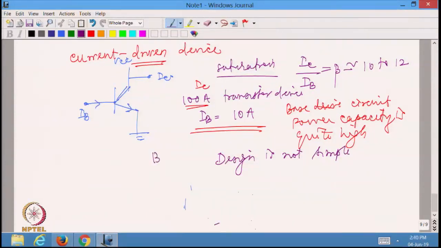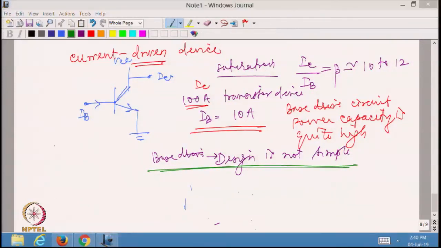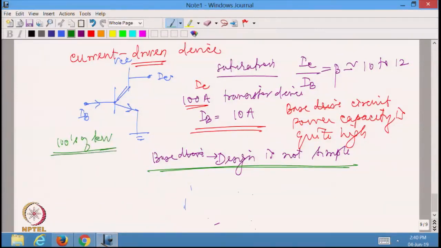Because the base drive design is not simple, not much research has taken place in the transistor. That is why the ratings are still limited. You have transistor ratings only of the order of hundreds of kilowatt at the most, nothing more than that. Whereas in thyristor, I had already told you that almost 30 megawatt one single SCR can handle, whereas only hundreds of kilowatt one particular BJT can handle.